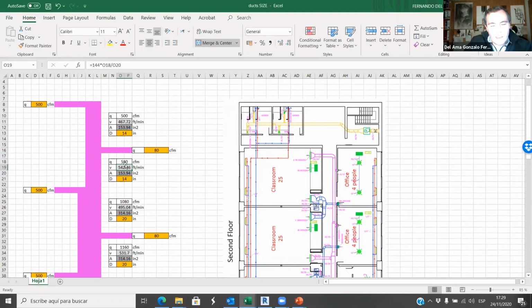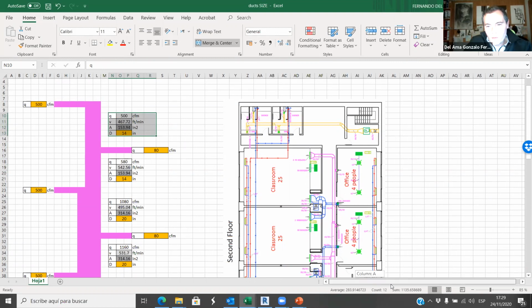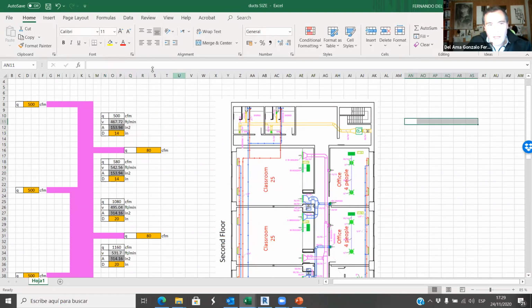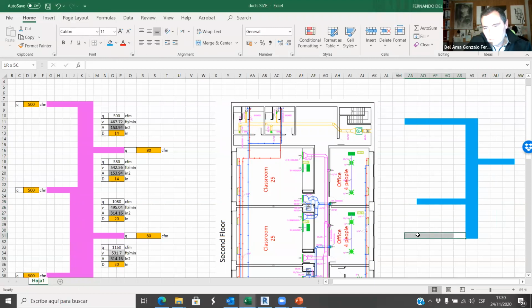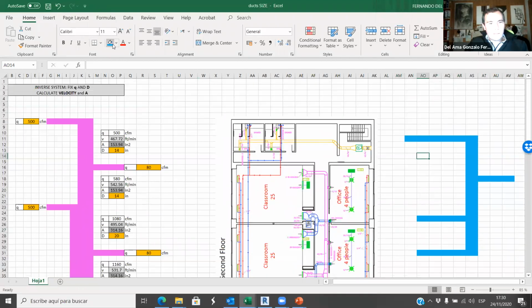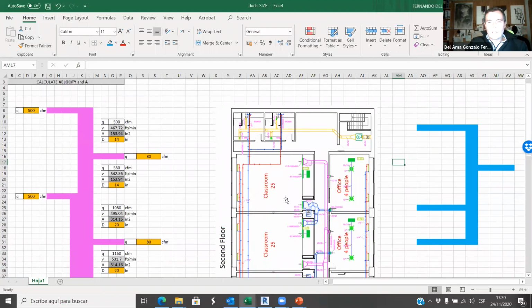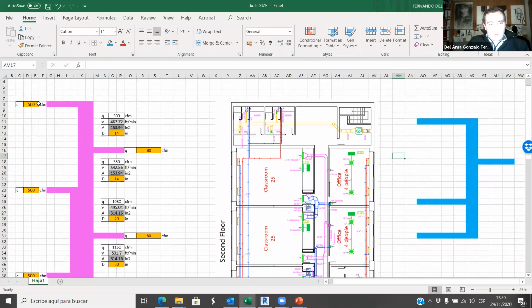So if you just copy and paste these elements, I mean, you can draw another layout. So imagine that you have layouts like this. Now what do we have to do?